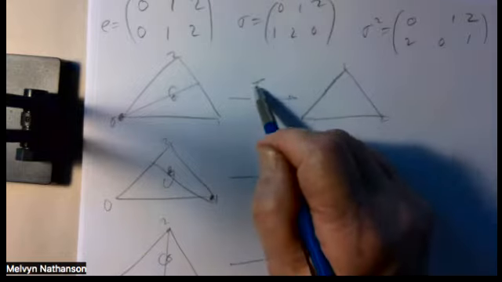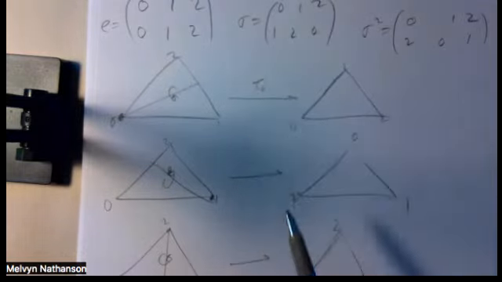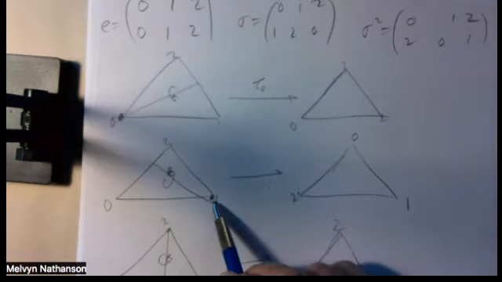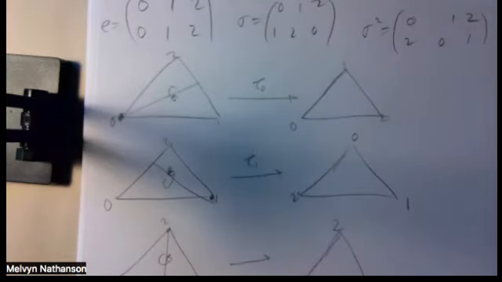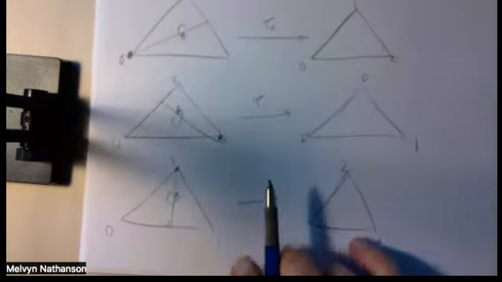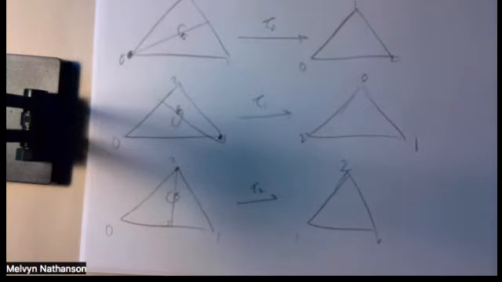Reflecting through 0, I could call tau 0. The operation of reflecting through 1, I could call tau 1. And the operation of reflecting through vertex 2, I could call tau 2. And these are all symmetries of the triangle. There are exactly 6 of them.